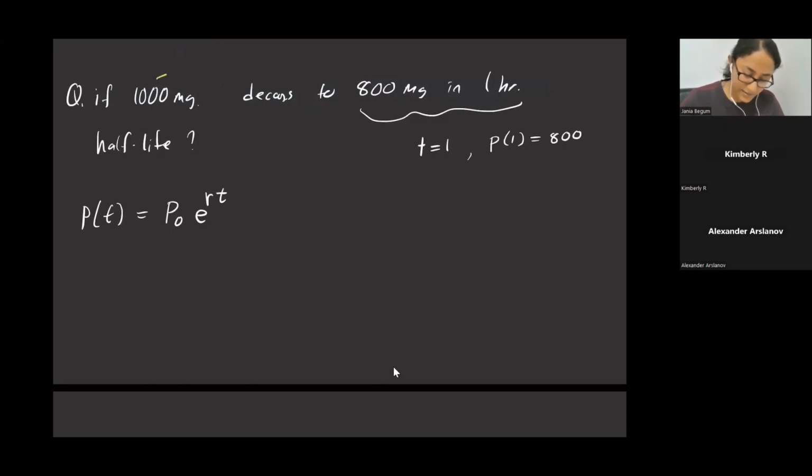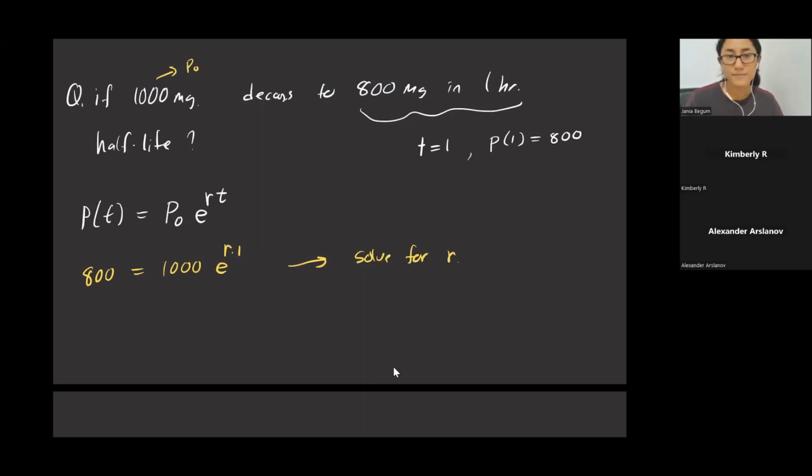And this is your initial amount, because that's how much you're starting with. So if I plug these into my model, I will have 800 is equal to 1,000 times e to the power of r times 1. That's the setup for the first statement, and this will allow you to solve for r.